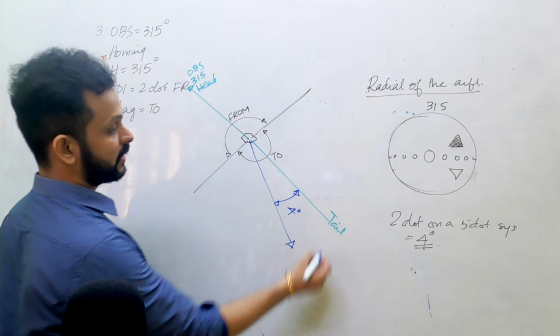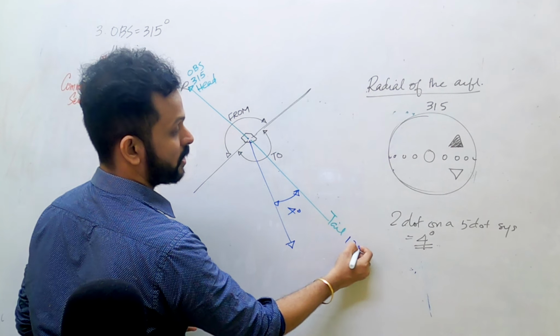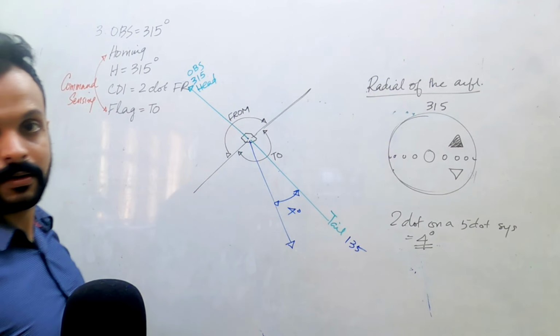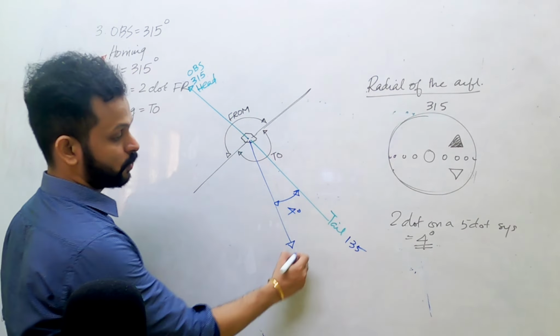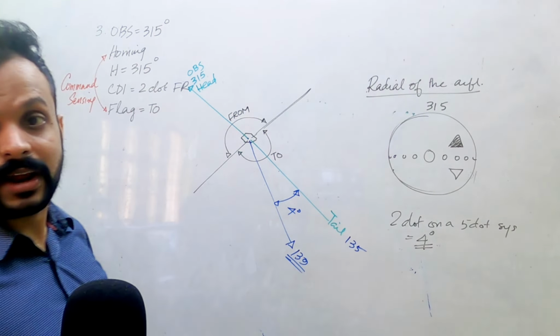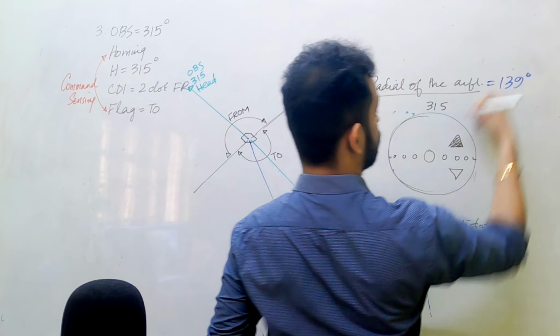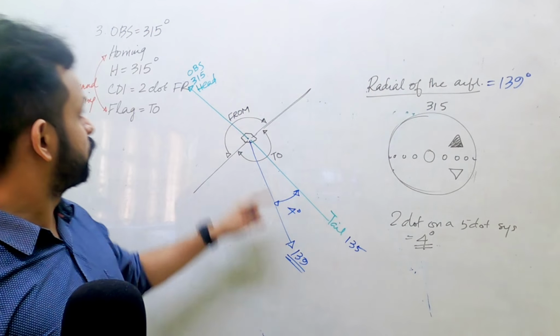So what is this radial in the first place? If this is 315, this is going to be 135, right? And 4 degrees to the right means it's going to be 139, right? Therefore, the radial of the aircraft is 139 degrees.